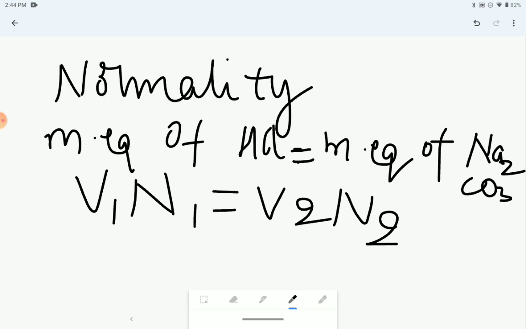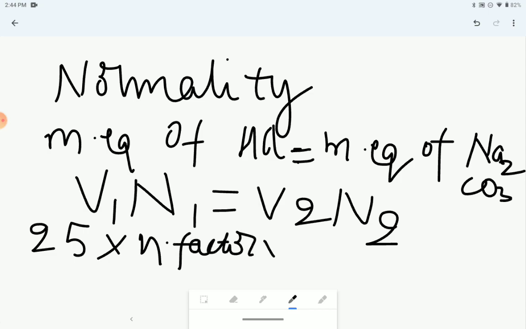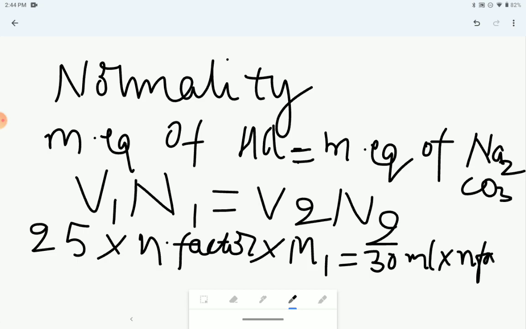V1 means here 25 ml. Normality is given by n factor into molarity, right? Here also V2 is nothing but 30 ml into n factor into M2, which is the molarity of the second solution, right?